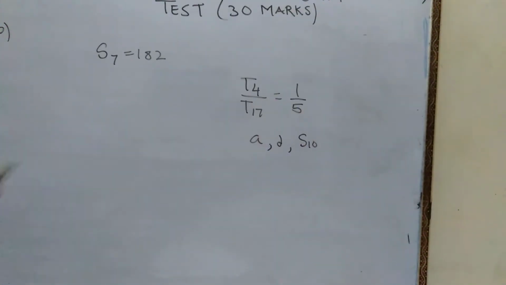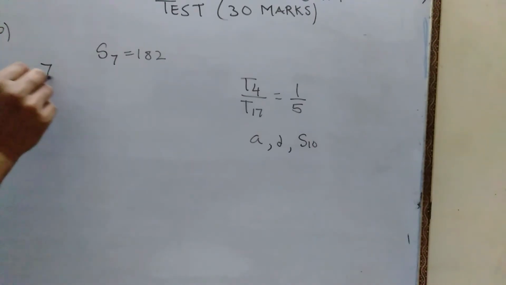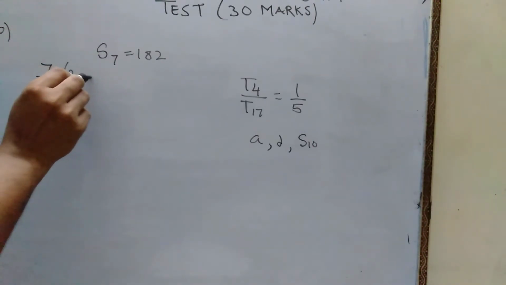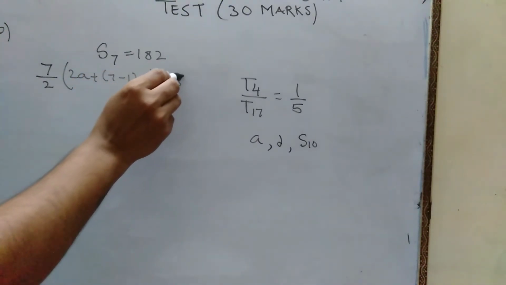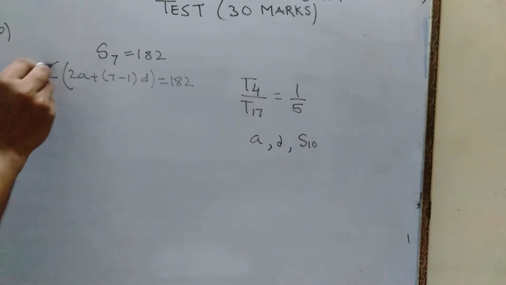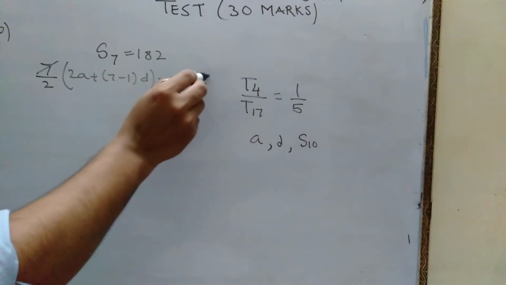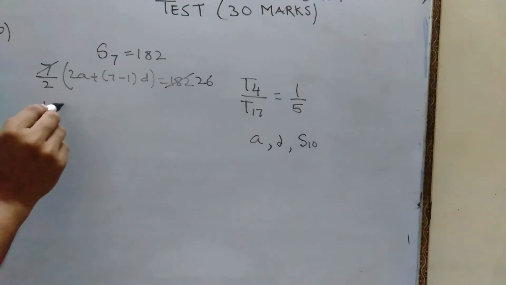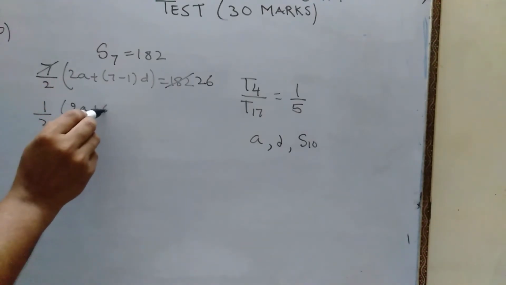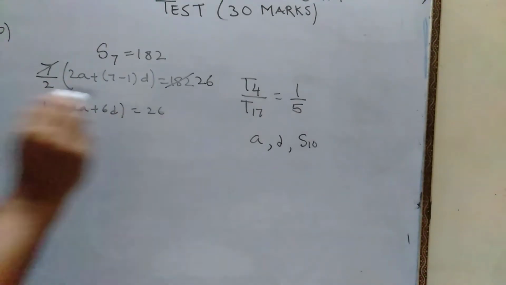So, sum of 7 terms is 7 by 2, 2a plus 7 minus 1 into d, 182. 7 2s are 14, 7 6s are 42, 1 upon 2. 2a plus 6d is equal to 26.